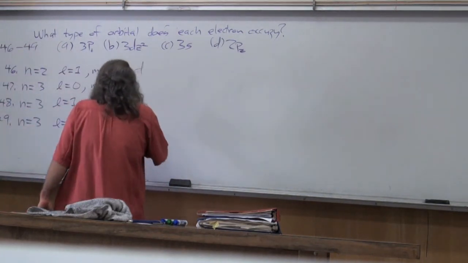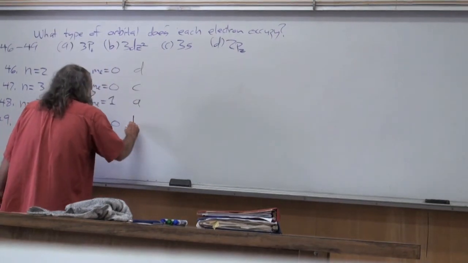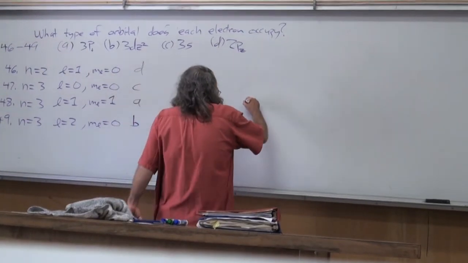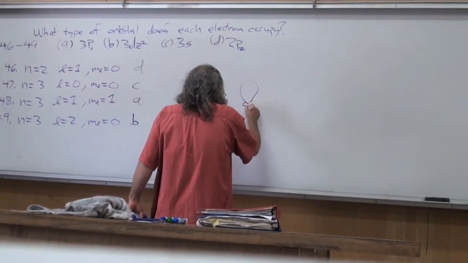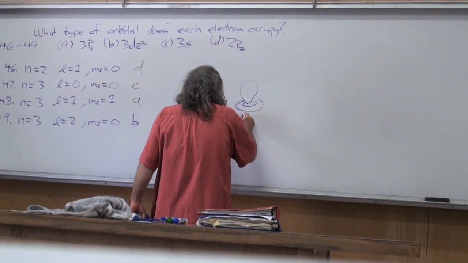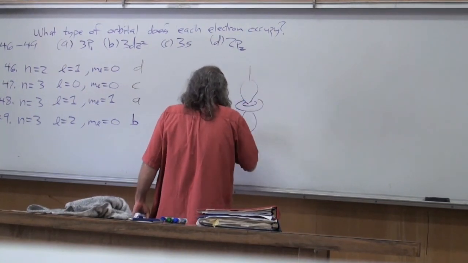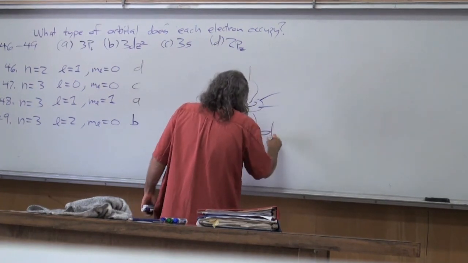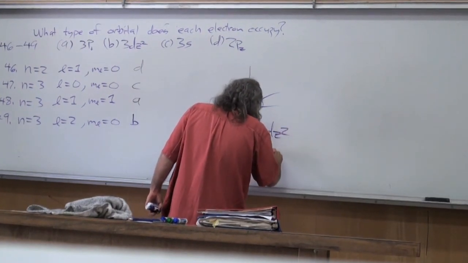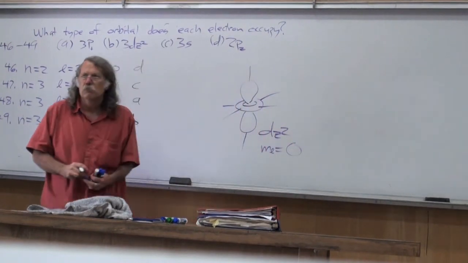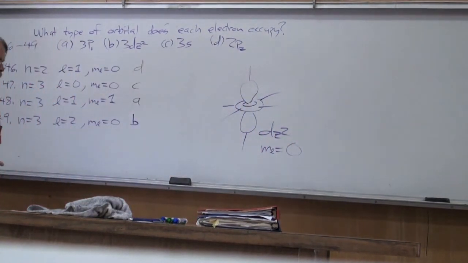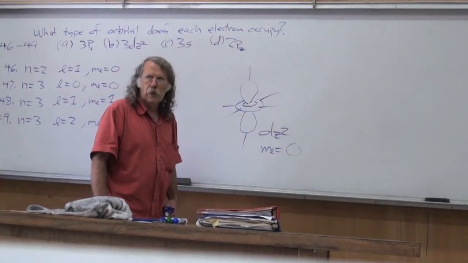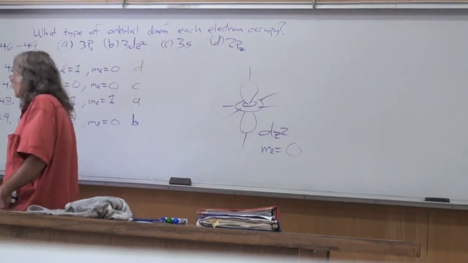So it's the 3dz squared, which obviously we're out of options here anyway, but I want to draw the dz squared because I'd love to draw this one. m sub L equals 0. It has 0 component of orbital angular momentum in the z direction. Okay? So that answers that cluster.